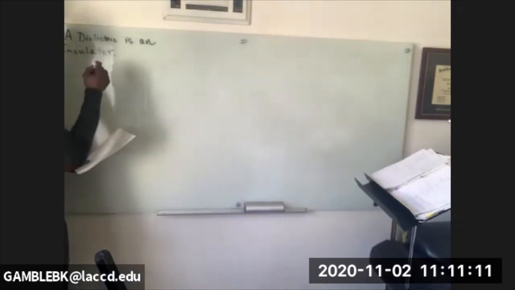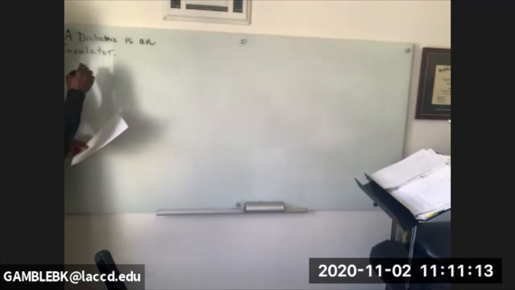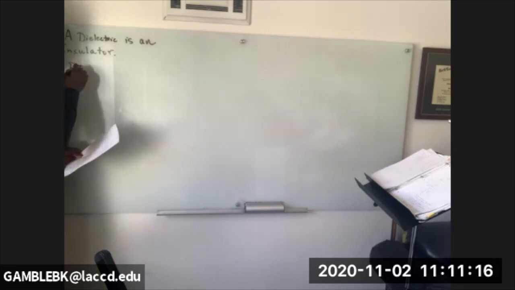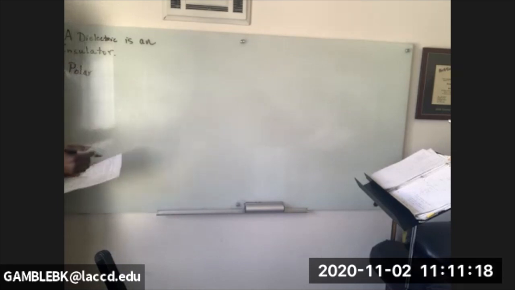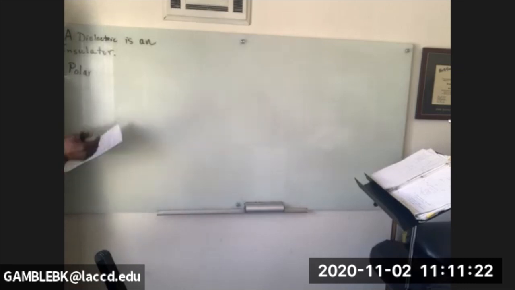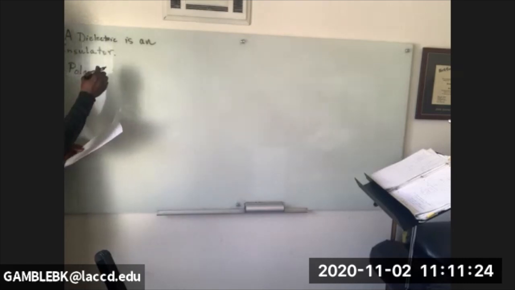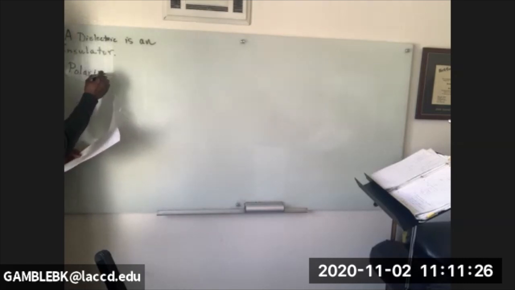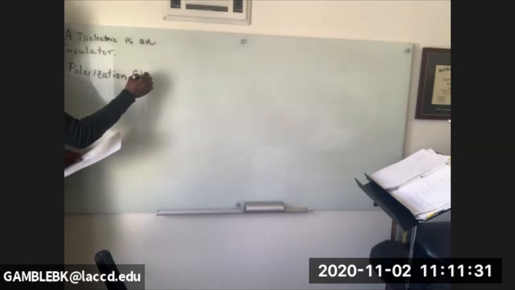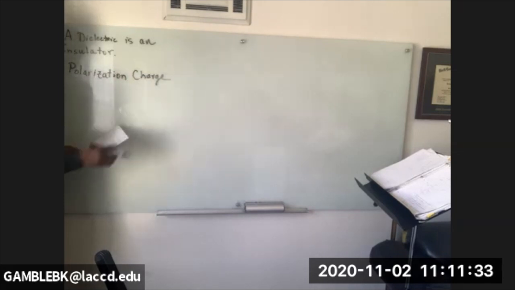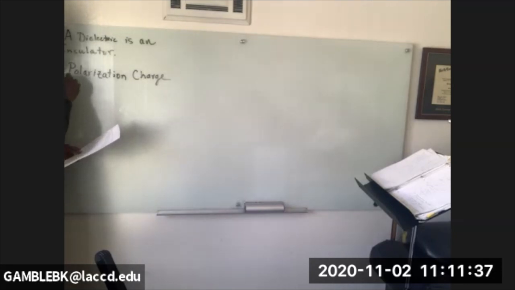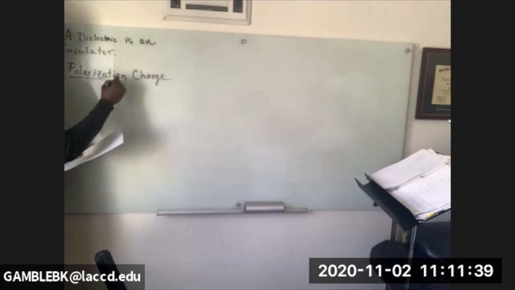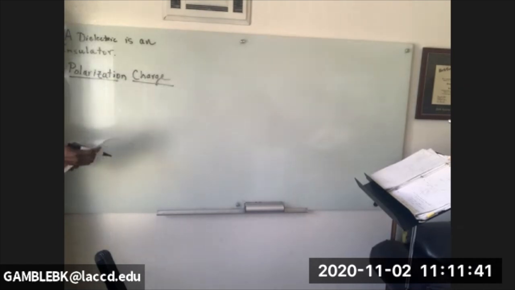Let's write the reason, then we'll describe it. So polarization charge. We got all this charge: you got free charge, you got bound charge, you got excess charge. Now we got polarization charge. Polarization charge, or bound charge.